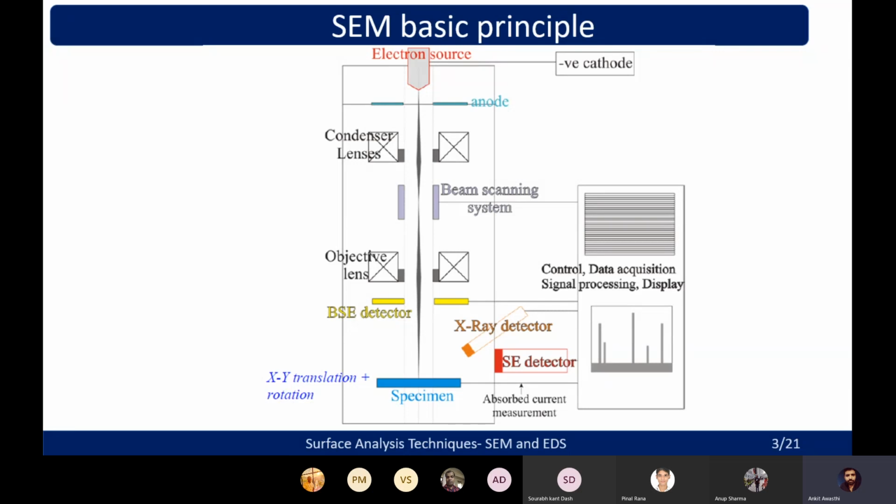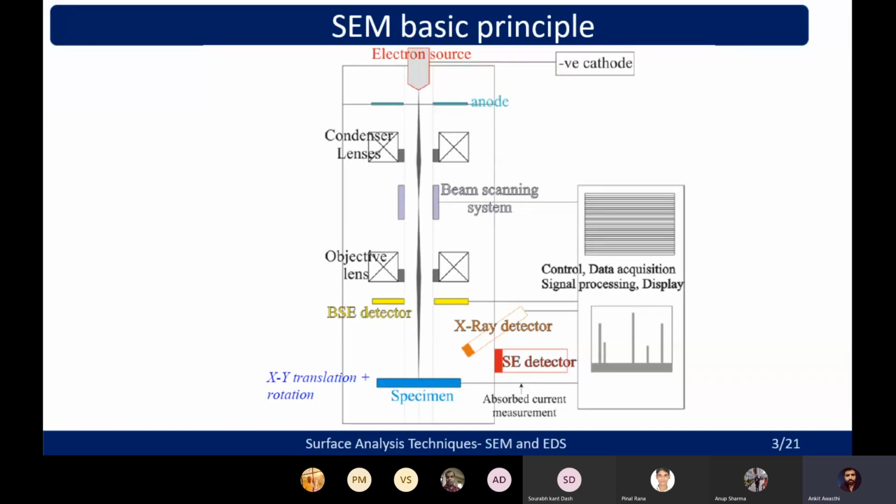After the beam passes through the condenser lens, it is a thin, tight, and coherent beam, which further passes through the beam scanning system. These sets of coils then scan or sweep the beam in a grid fashion, dwelling on a point for a period of time determined by the scanning speed.